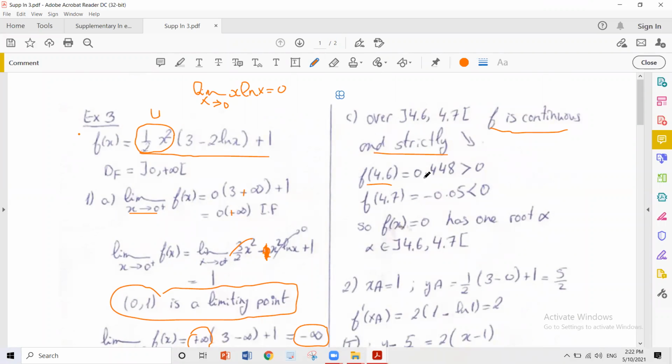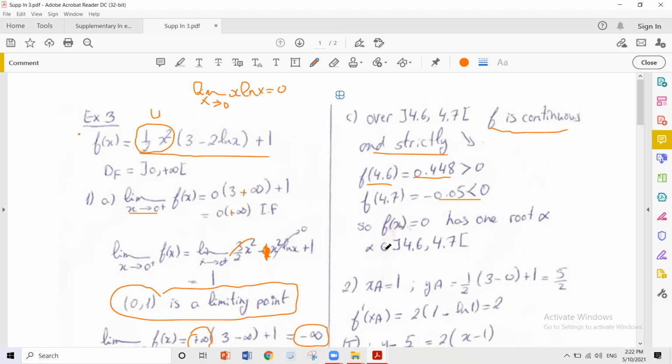f of 4.6 is 0.488, which is positive. f of 4.7 is minus 0.05, which is negative.